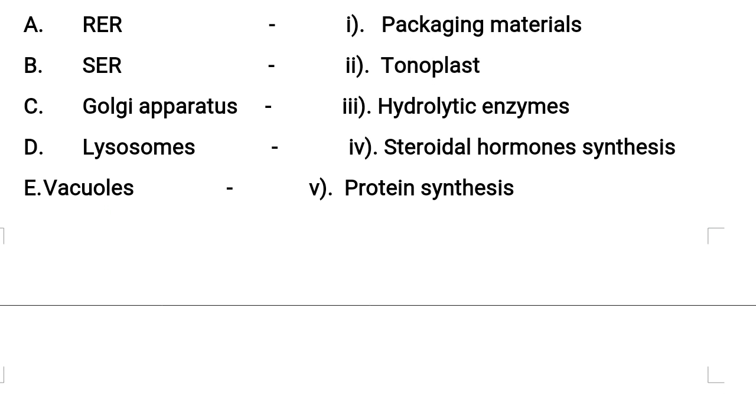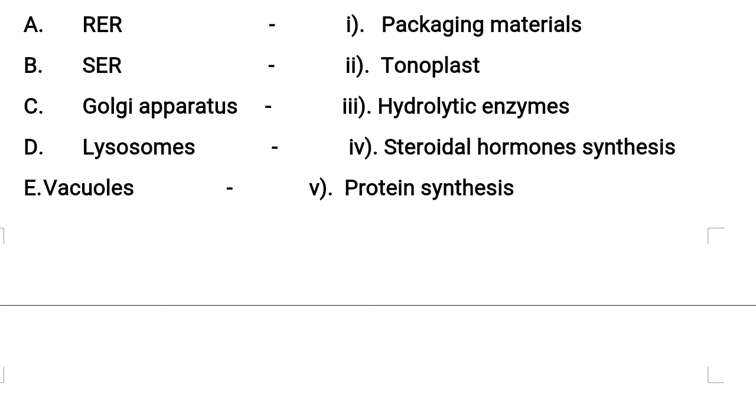Next, Golgi apparatus. Its specification is packaging of materials. So C is matching with Roman number 1. Next, lysosomes. Lysosomes are meant for producing hydrolytic enzymes. So D is matching with Roman number 3. Next, vacuoles.